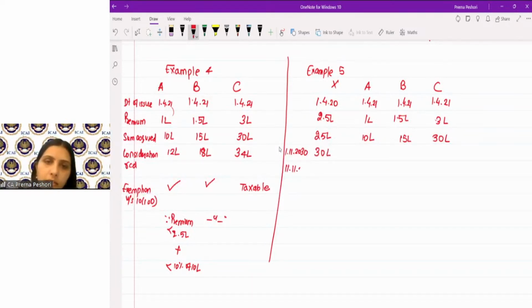As on 1/11/31, the consideration received is 12 lakhs for A, 18 lakhs for B, and 34 lakhs for C. Now, what would happen in this situation?